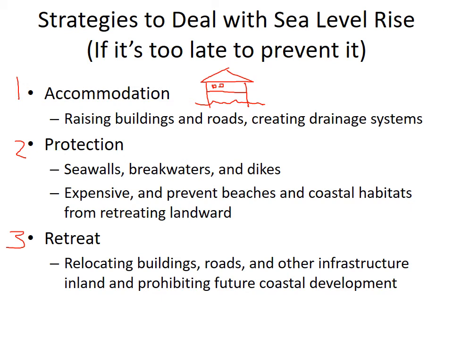And then the final strategy is retreat. So you move your house from the coast further inland and further uphill, and that is probably one of the better strategies for dealing with climate change, because it gives a place for nature to move up as well.